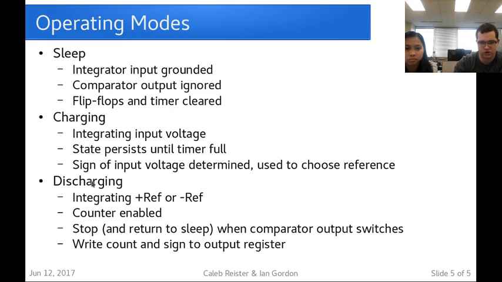Then the discharging phase directly follows, where we are integrating the positive or negative reference. If the input is positive, then we use the negative reference and vice versa. The counter is enabled, and it stops when the comparator switches its output. So that's the basics of it.